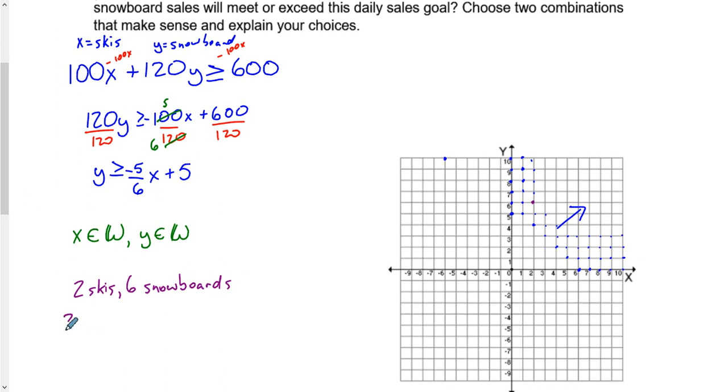Because for every single ski, it's $100. For every single snowboard that's sold, it's 120. 2 times 100 is 200. 6 times 120 is 720. We're at $920. That is absolutely a good revenue if you want to have a minimum of 600.